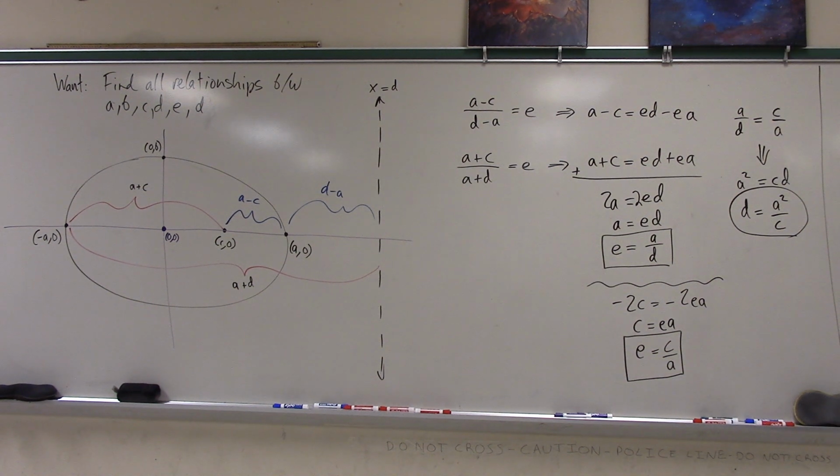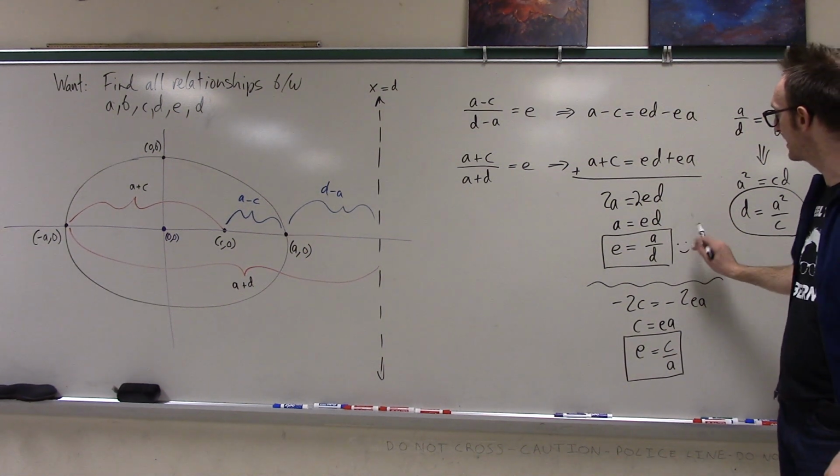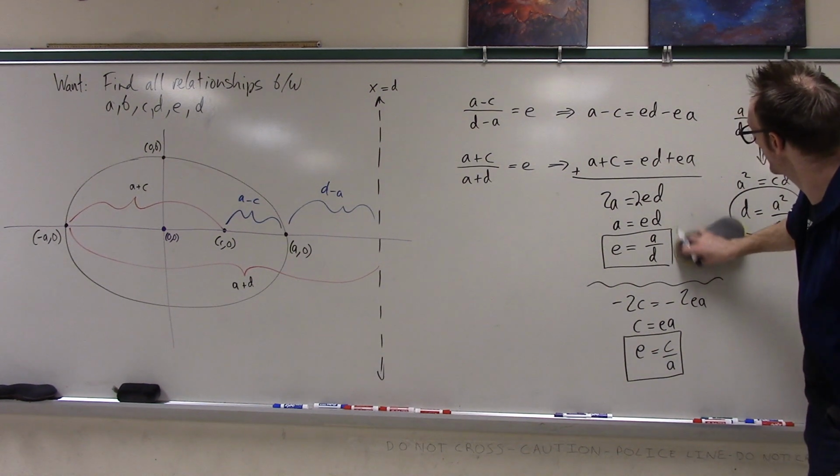Now this gives us a formula for D, the directrix distance, in terms of A and C. So if I know how far the vertex is from the center, and I know how far the focus is from the center, this formula will actually tell me where my directrix is if I didn't know to begin with. Okay, so I have this formula, this formula, this formula.